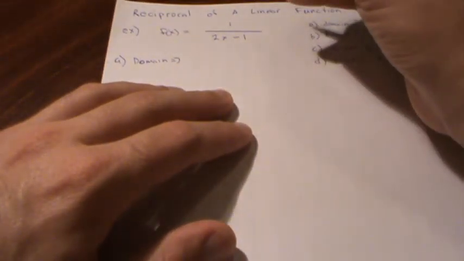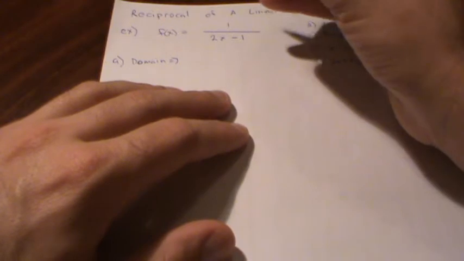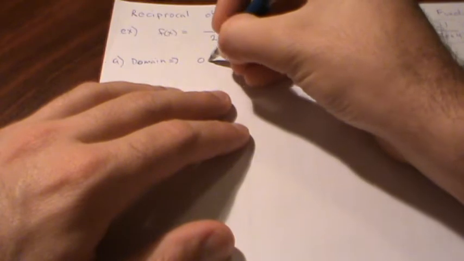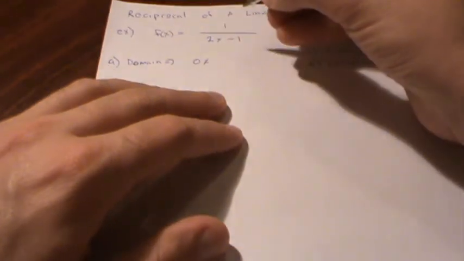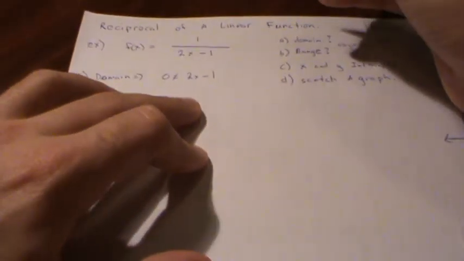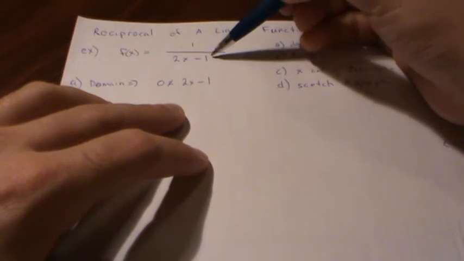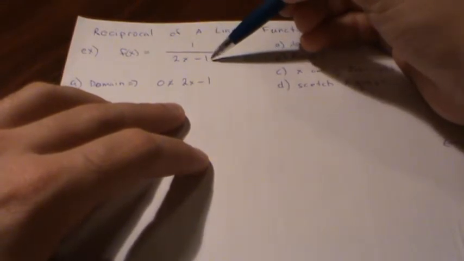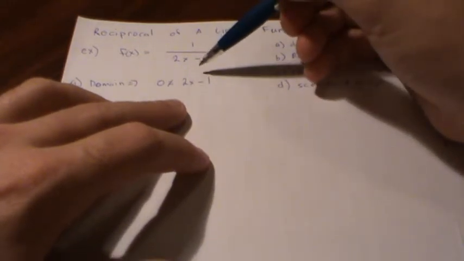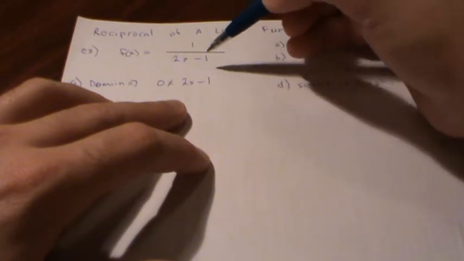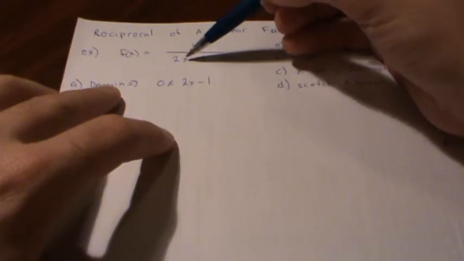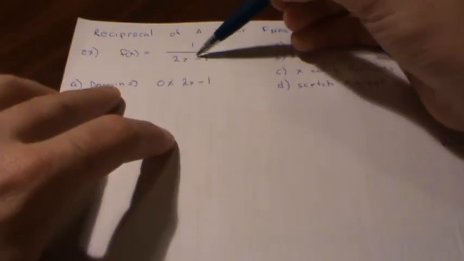And so for finding the domain, this is how we find the domain. You take the denominator and you set it not equal to 0, so 2x minus 1 is not equal to 0. The reason is, as somebody perhaps told you a long time ago, you can't divide by 0. The domain restriction would be any x value that I place in here that creates a 0 in the denominator.